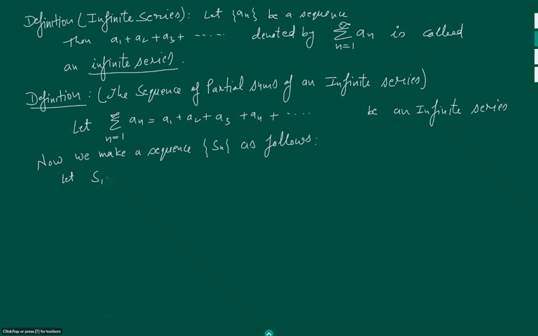Let S1 be the first term of the series, S2 be the sum of the first two terms of the series, and S3 be the sum of the first three terms of this series. Similarly, S4 is the sum of the first four terms of the series, and similarly S_n is the sum of the first n terms.